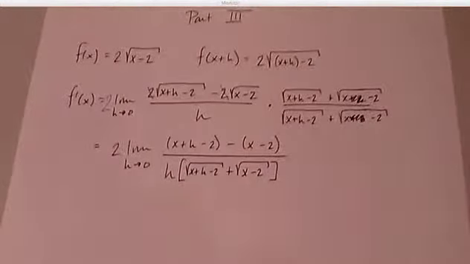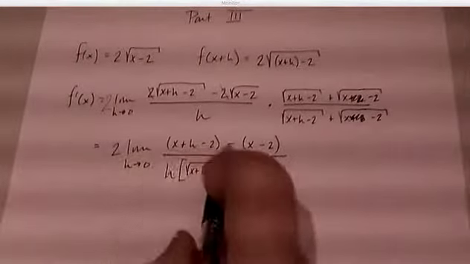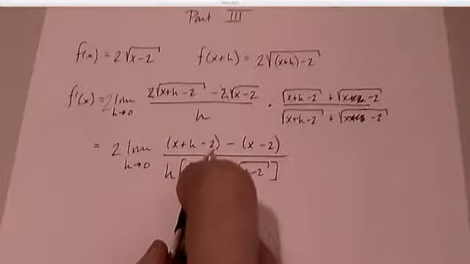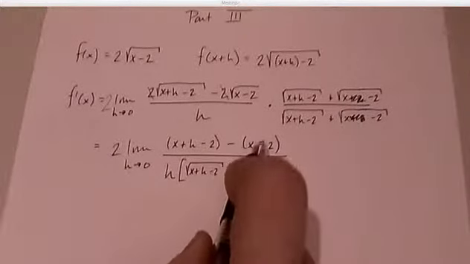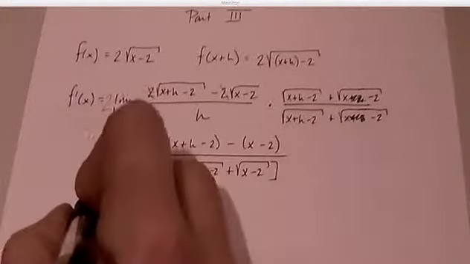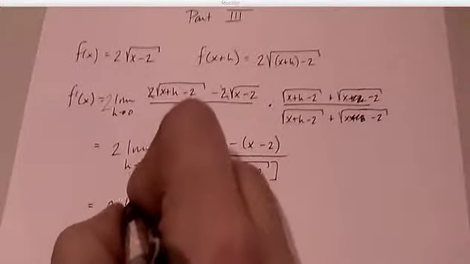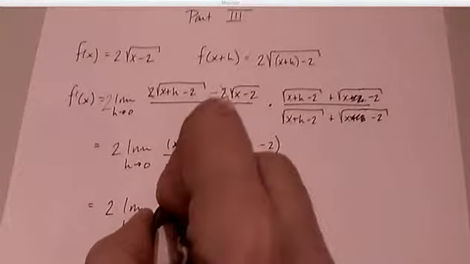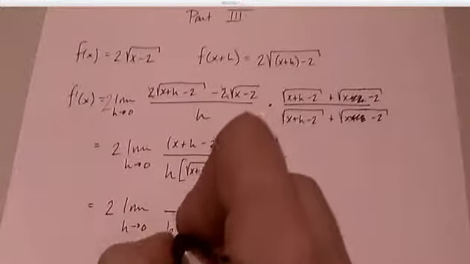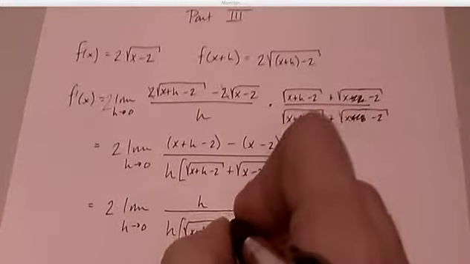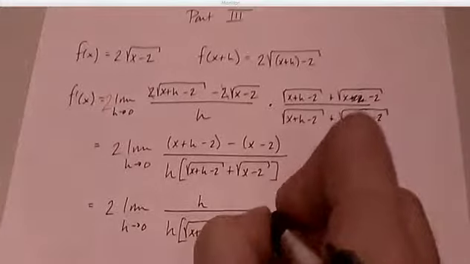Okay, now when we distribute that negative in the numerator, it's going to give us x plus h minus 2 minus x plus 2. So what's going to happen is that numerator is going to wind up simplifying to just plain old h. And we have x plus h minus 2 plus x minus 2.